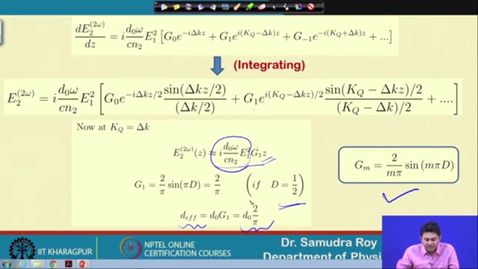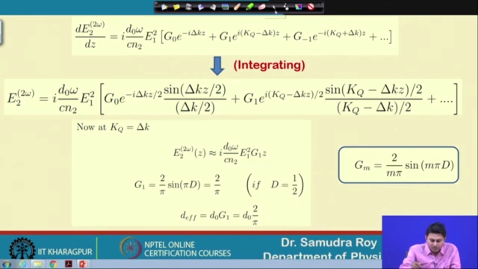So, d 0 is reduced a bit, but we still have a contribution, and this contribution gives rise to second harmonic. All the other contributions are not going to give any kind of phase matching. So, this term will die out very soon, and only this term will be there.